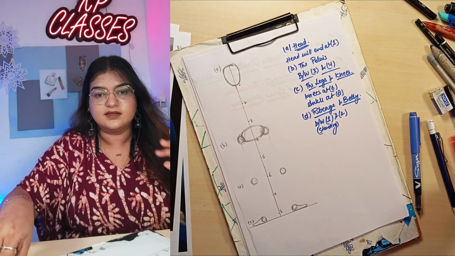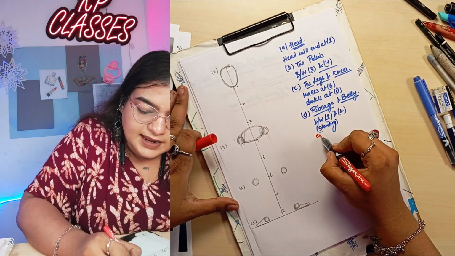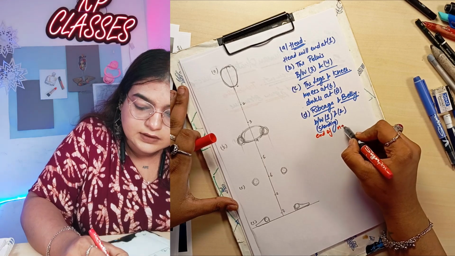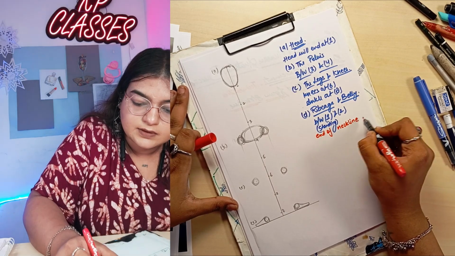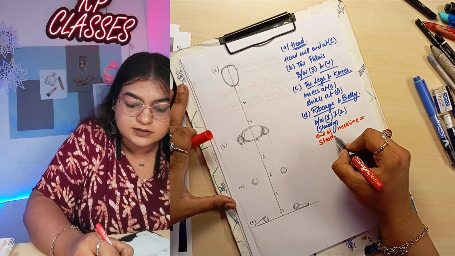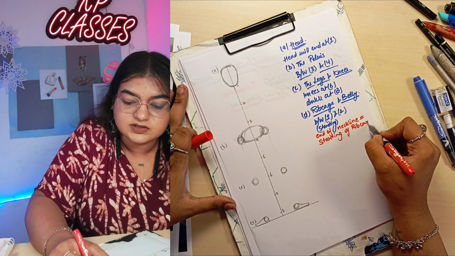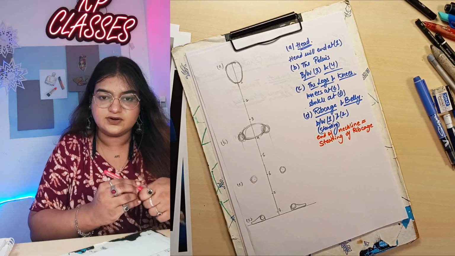Basically, not to complicate things, your end of neckline is equal to the starting of rib cage. Again, some general knowledge.